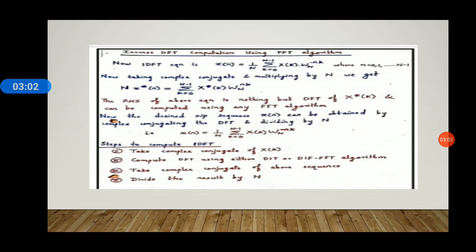The second step is solving the DFT of X star[k] using any of the FFT algorithms, either DIT or DIF. The result we get is N x star[n]. The third step is taking the complex conjugate of the result, which gives us N x[n]. Lastly, the fourth step is dividing the result by capital N, so what we get is x[n].